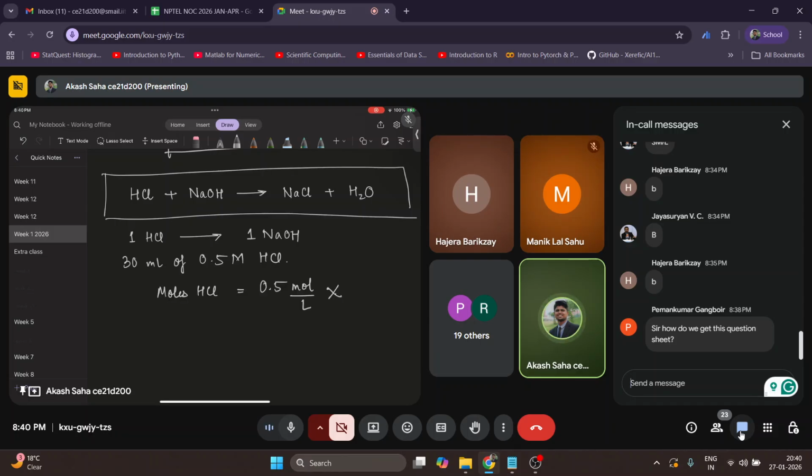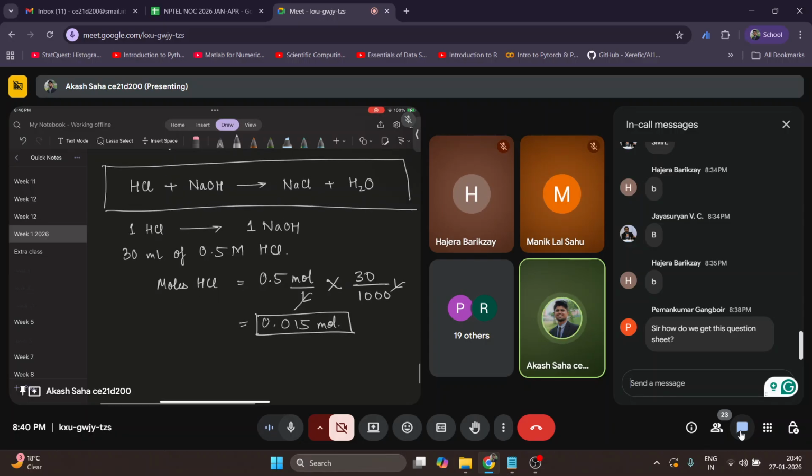We have 30 ml, so we can write 30 by 1000 liter. This liter will cancel, and we will get 0.015 moles of HCl. Now we know from this equation that 1 mole of HCl reacts with 1 mole of NaOH. So 0.015 mole of HCl will react with 0.015 mole of NaOH.